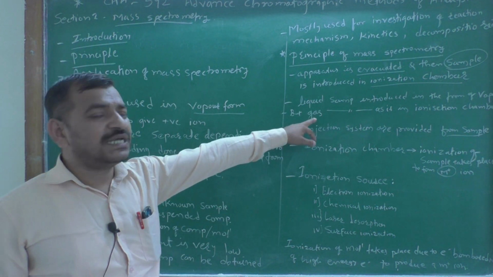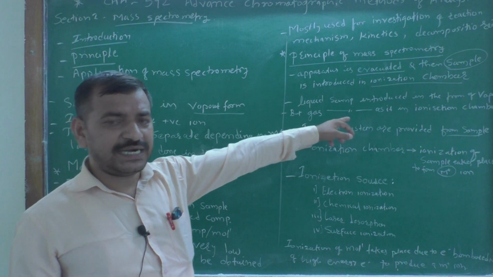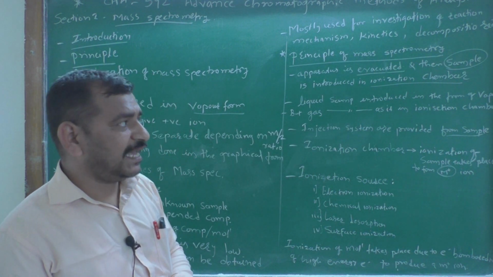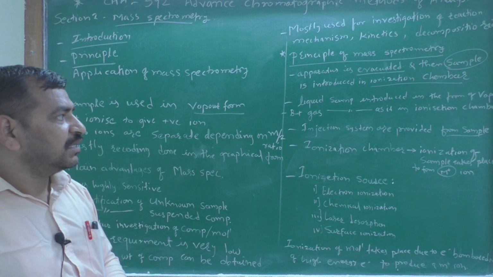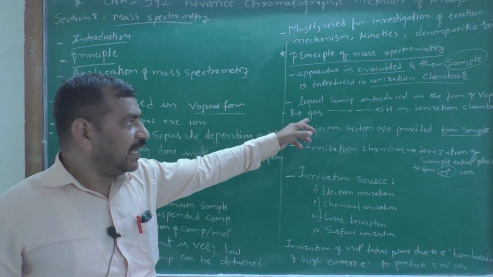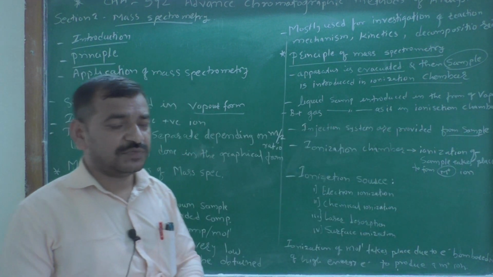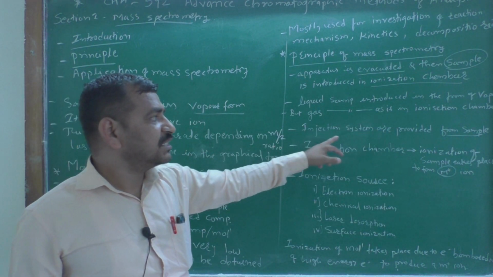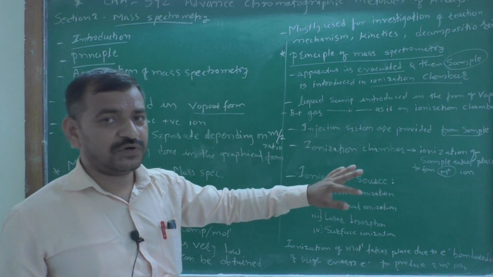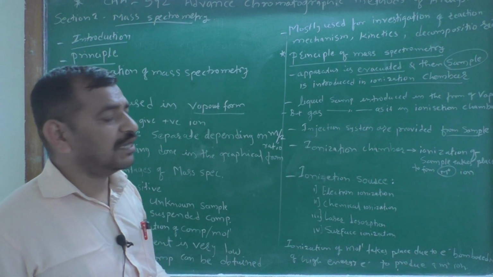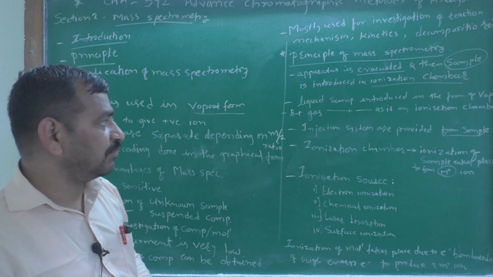But some samples are gases. Gas samples are used directly as they are in the ionization chamber. At the ionization chamber, injection systems are provided for taking or introducing the sample.